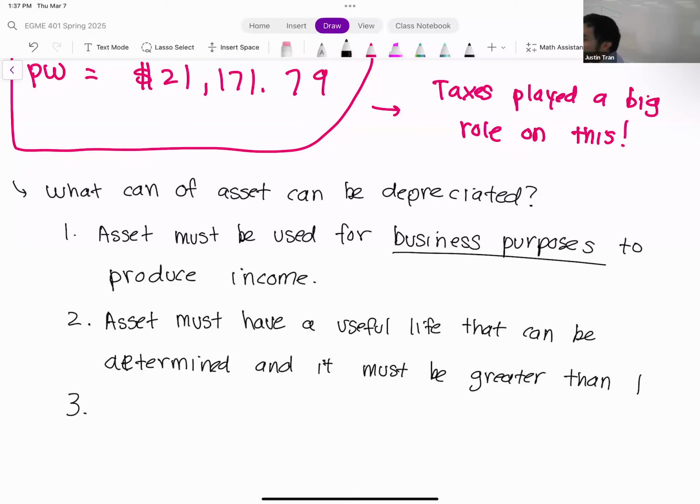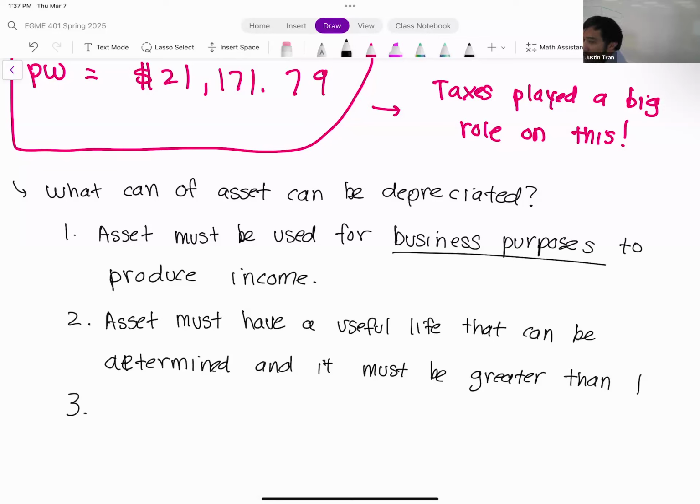Ideally there should be some data in terms of how long an asset like this is typically going to last, right? Trucks last for 5, 6, 7, 8 years. A computer will last for 5, 6 years, right? So there's data on these things.